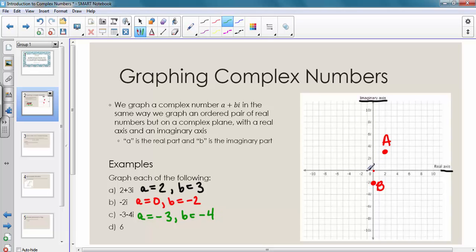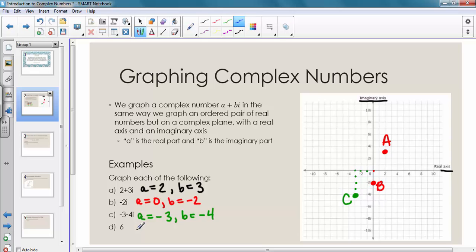So we're going to go 1, 2, 3 spaces to the left on the real axis, and then 1, 2, 3, 4 spaces down on the imaginary axis, and that's going to give us point C.